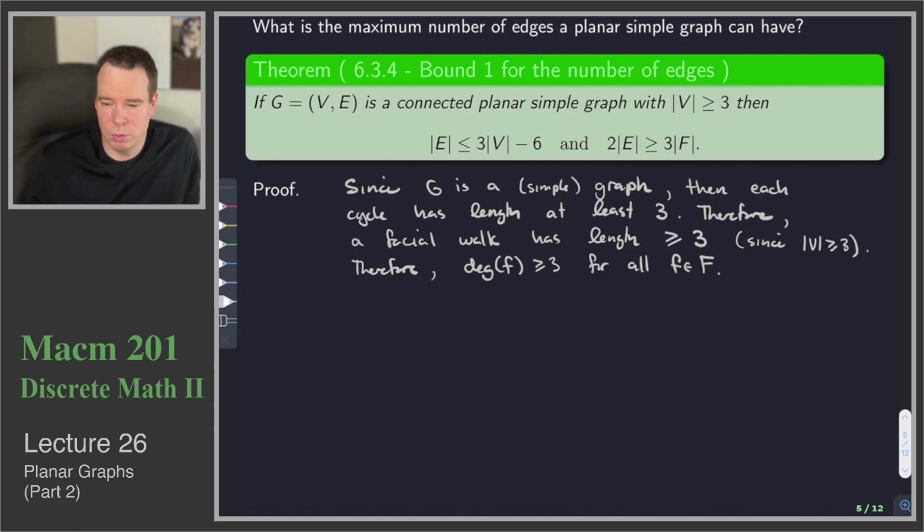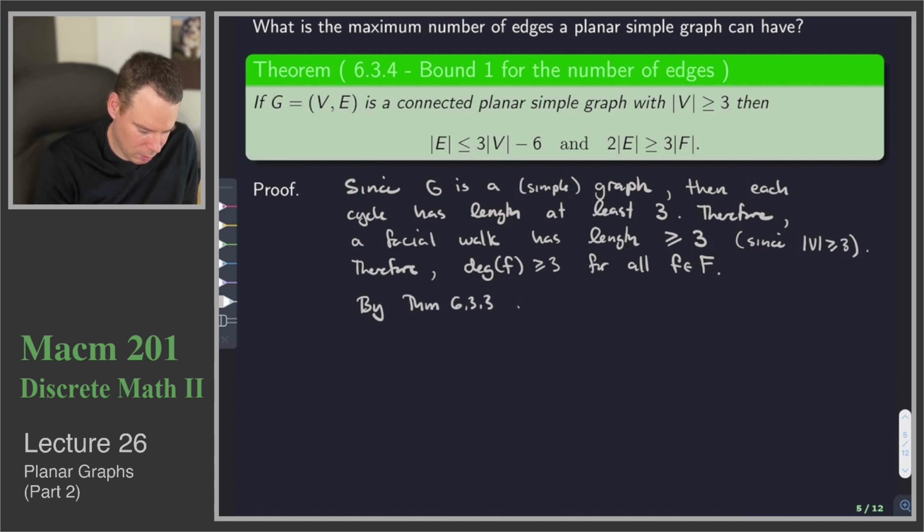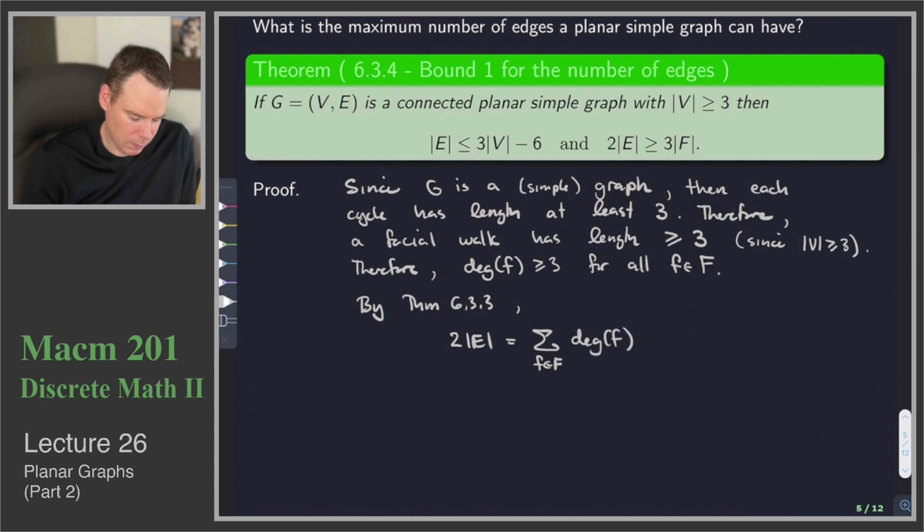So that's this first step: if it's a simple graph, then we know some information about the length of the facial walks. In fact, they have to be of length at least 3, and therefore we get this degree result. So by the previous theorem, theorem 6.3.3, twice the number of edges is the sum over all of the faces of their degrees. But we know that each of those is greater than or equal to 3.